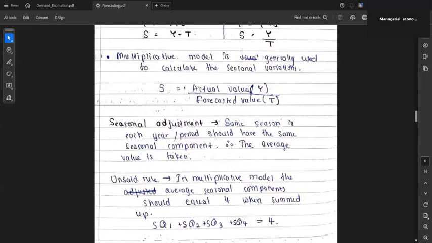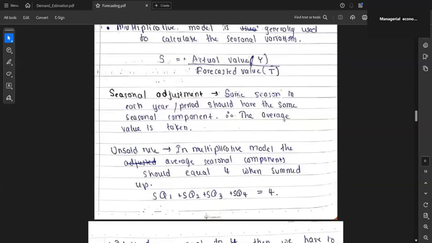The seasonal changes for each season should be the same. As I said, seasonal component means it's repetitive. Over each year, the same season is going to have the same value repeating.